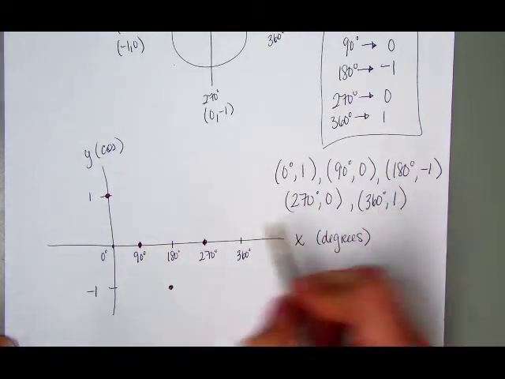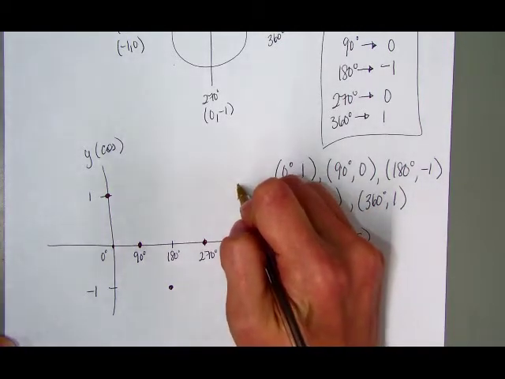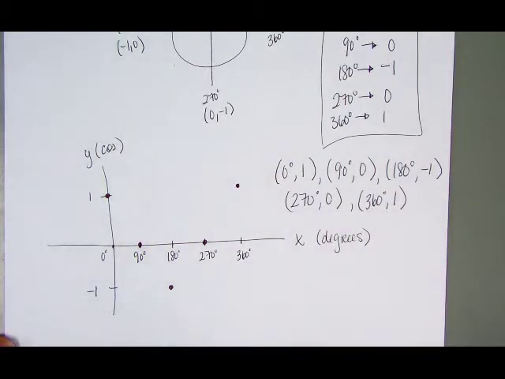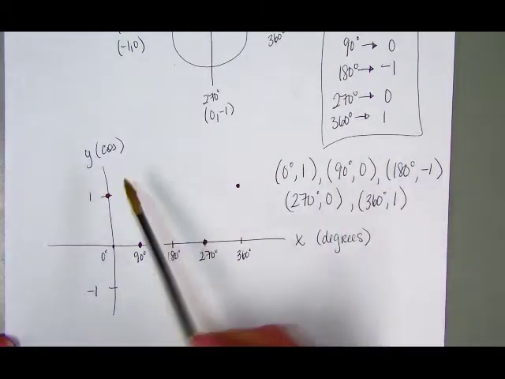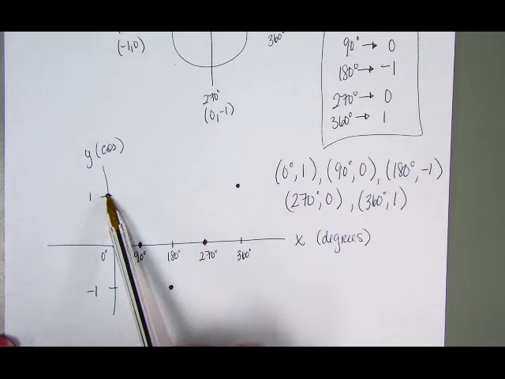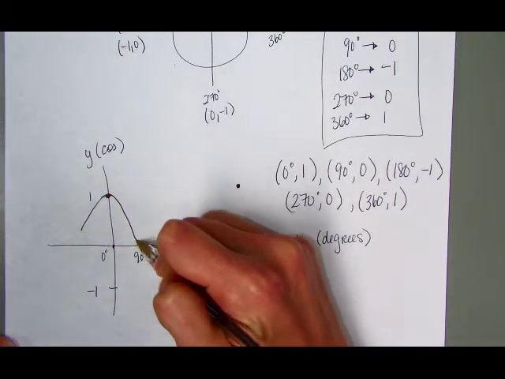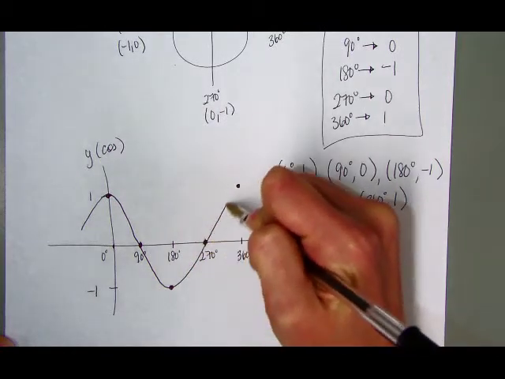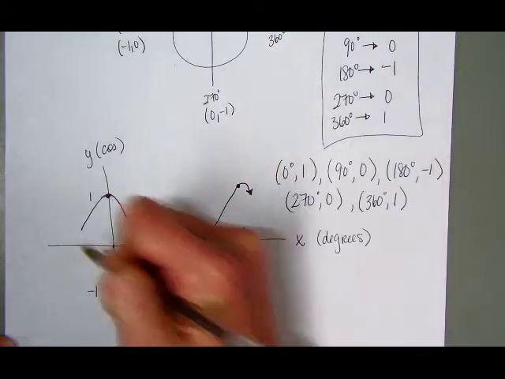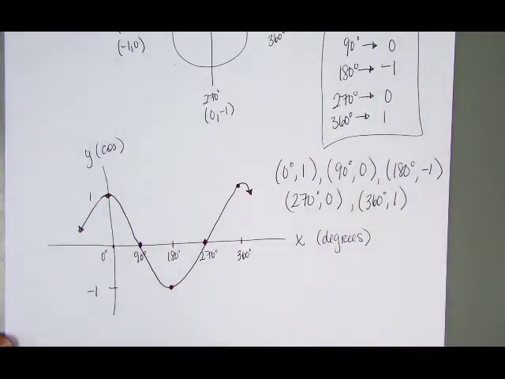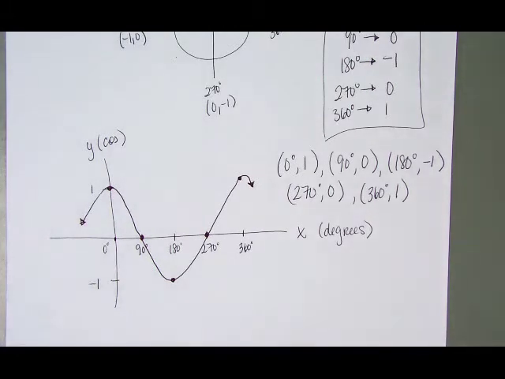And at 360 degrees, I have a value of 1. So if I connect the dots here, knowing that my graph does not go higher than 1, I get a graph that looks similar to this, which you can tell is a little bit different than what my sine looks like.